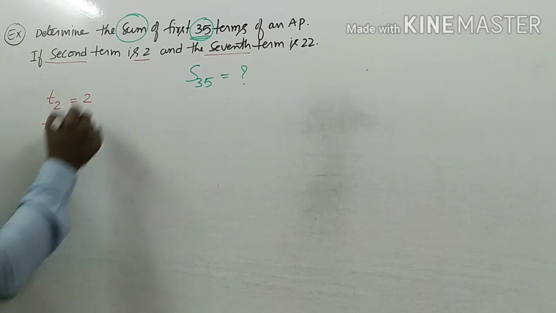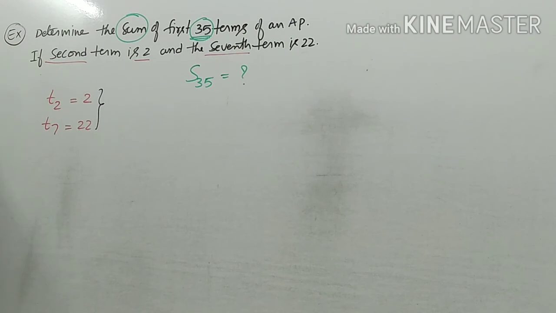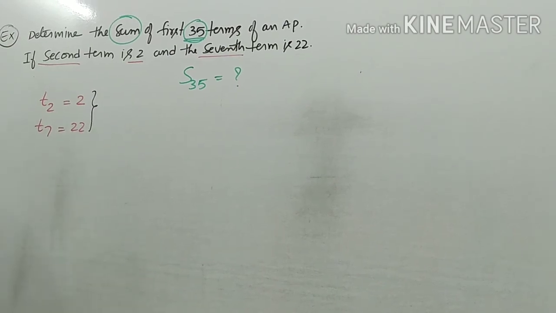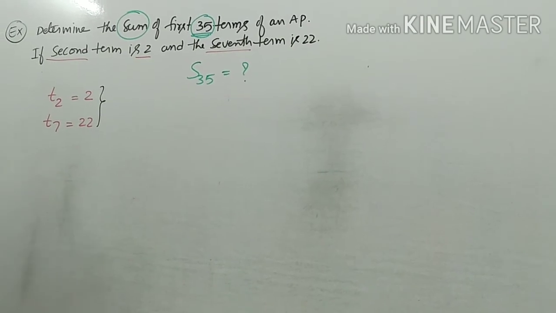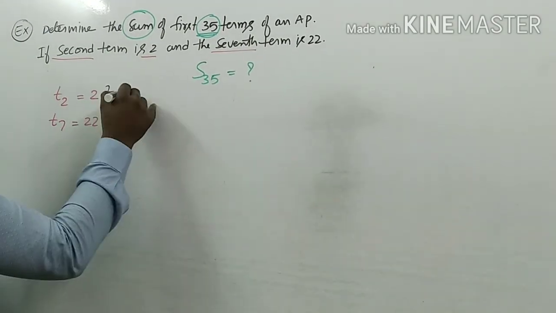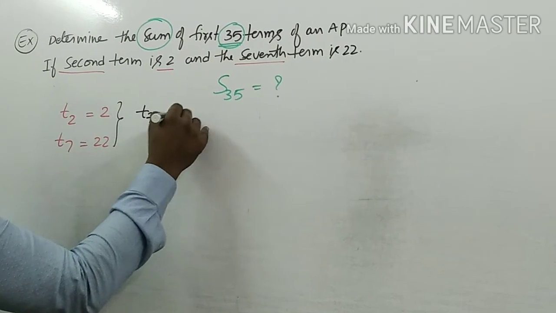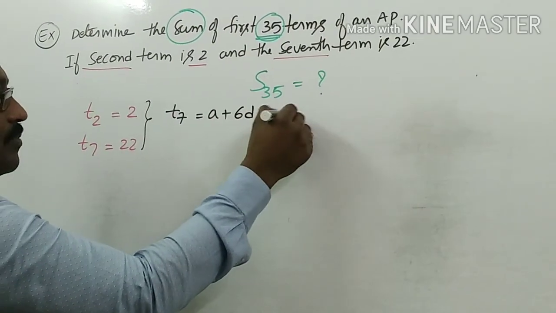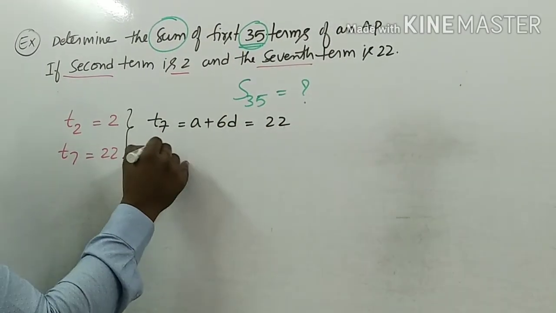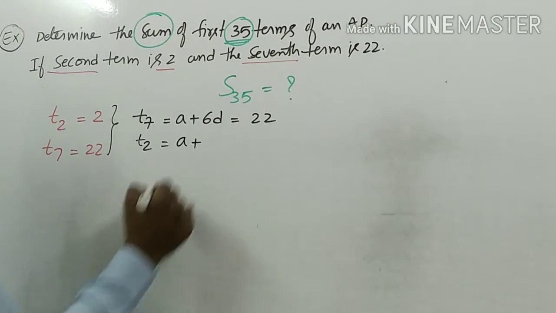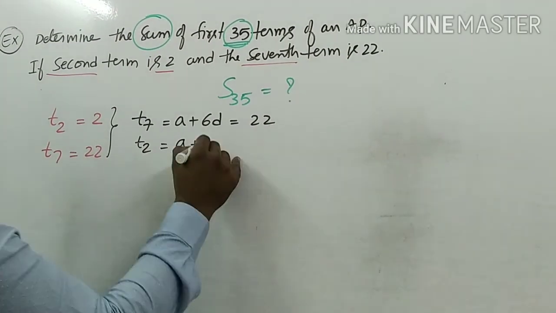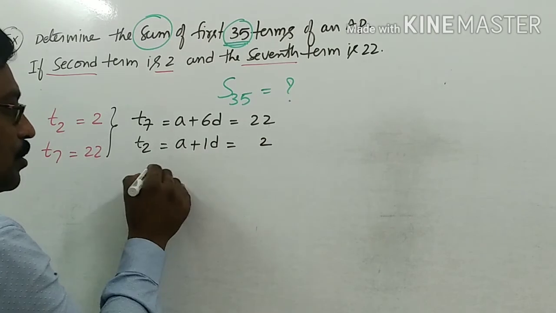Look here, by using these two, we should solve for the sum of 35 terms. Now, I am taking the seventh term, that is a plus 6d is equal to 22. Second term, a plus 2 minus 1, that is a plus 1d is equal to 2.